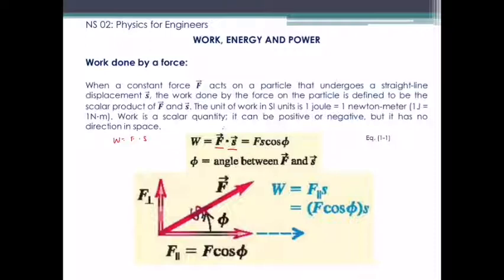The unit of work in SI units is 1 joule. So if you have your force in Newton and your displacement in meters, so you have the unit Newton meter, or 1 Newton meter is what you call the unit joule. 1 joule is named in honor of the 19th century English physicist James Prescott Joule.